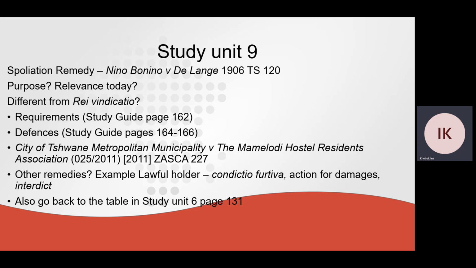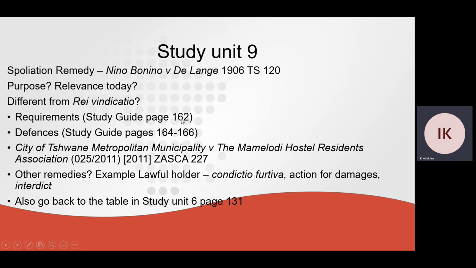But when it's a person, for example, a tenant, or maybe a person who's occupying land unlawfully, that person is not the owner of that property or that land, or a flat, an apartment. But when that person's control is taken away unlawfully, in other words, when the owner takes the law into his or her own hands, then the spoliation remedy becomes the relevant one.